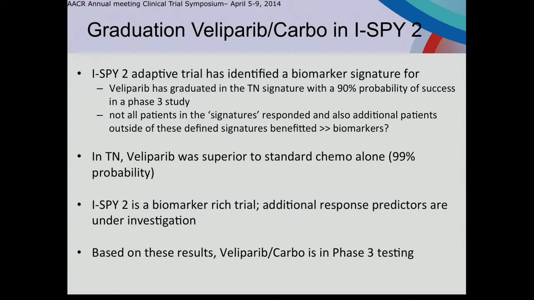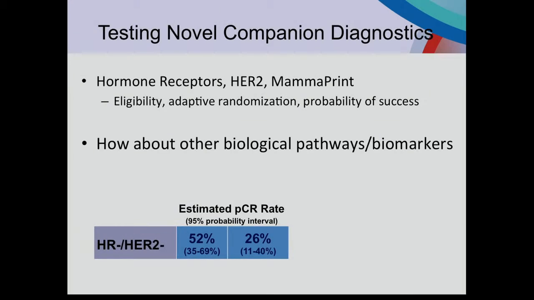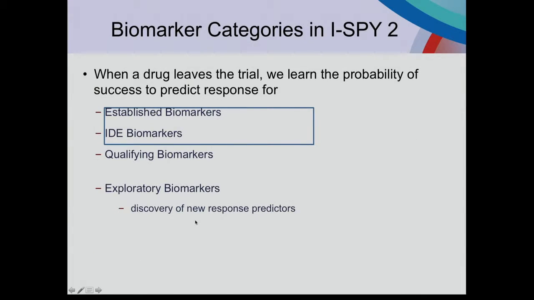That trial concluded accrual, so that means that from the start we have now a 4-year time frame and I think they will need another year of follow-up, so 5 years until we would know whether this drug combination can be accepted by the FDA. So as already pointed out, there's a 52% response, so how about other biological pathways?